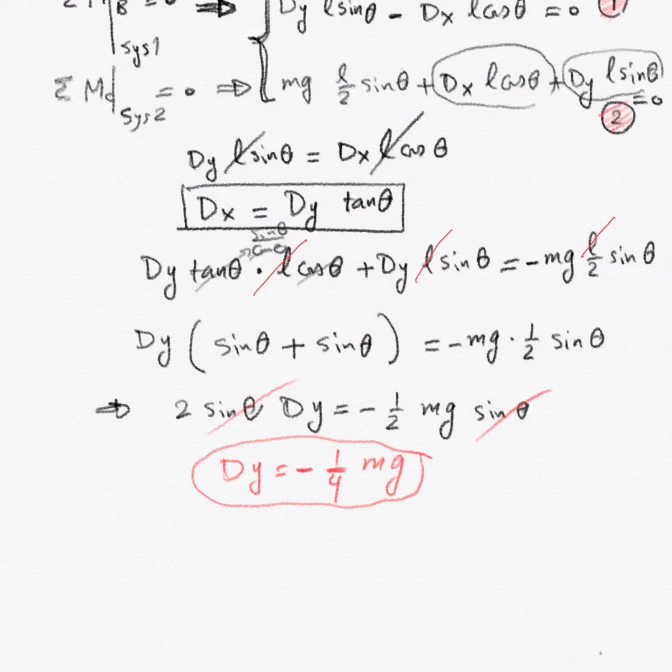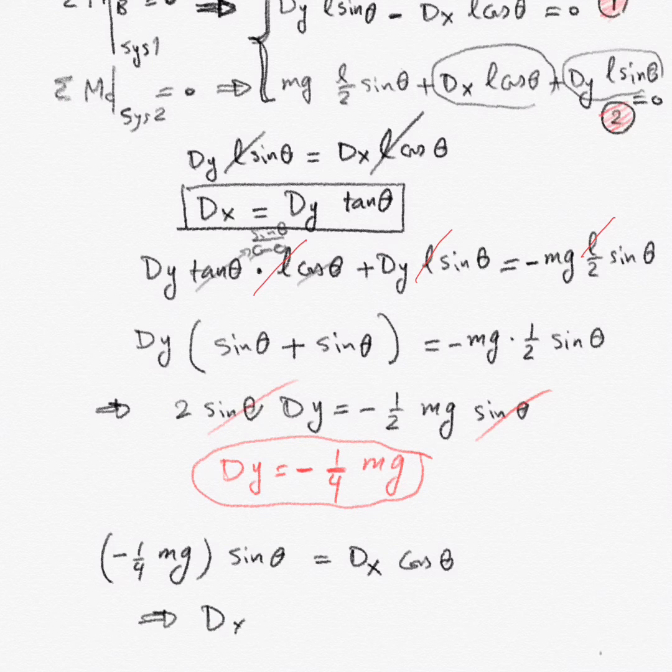Then you have, instead of dy, put negative 1/4 mg times sine theta is equal to dx times cosine theta. Then you solve for dx, you get dx is equal to negative 1/4 mg times tangent theta.